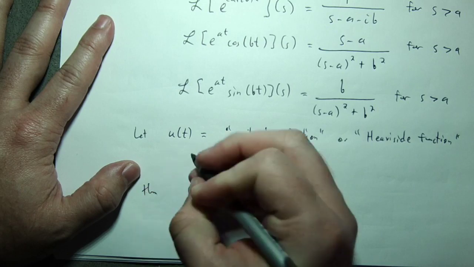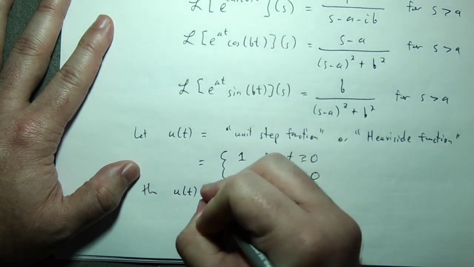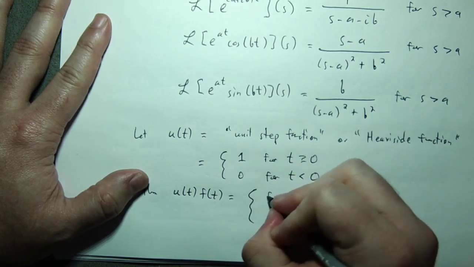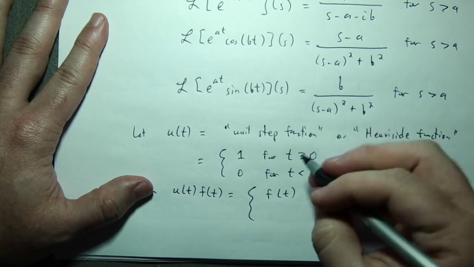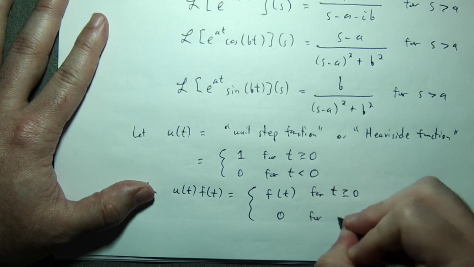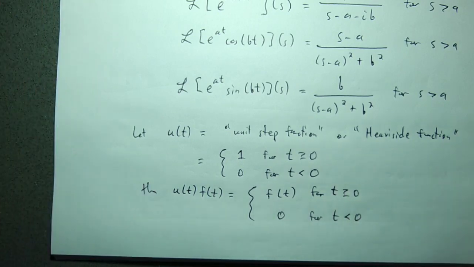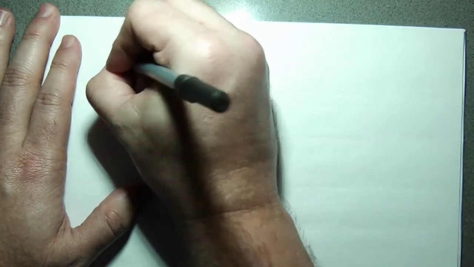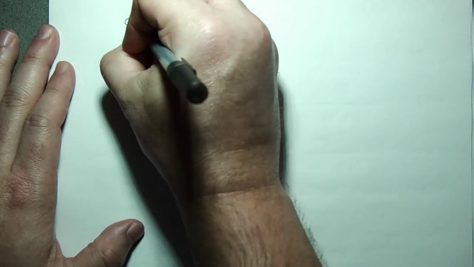Then u of t times f of t, of course, is f of t for t greater than or equal to 0, and 0 else. Right? Okay. So what does this mean?